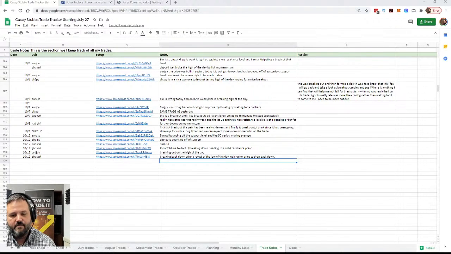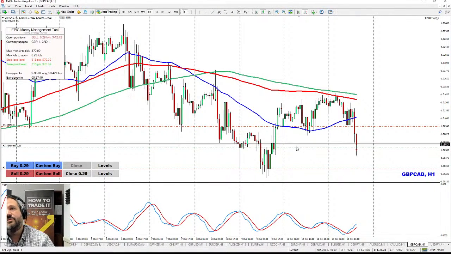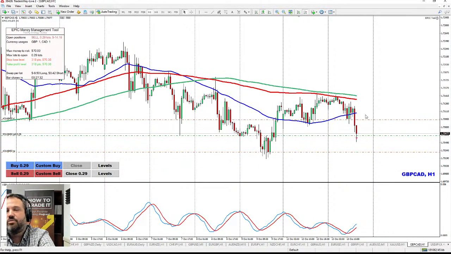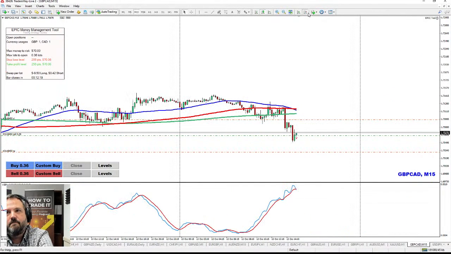So pretty simple strategy that I like to trade. It's based off of price action mainly. Looking to try to follow the trend, catch pullbacks, which is what I'm trying to do here.